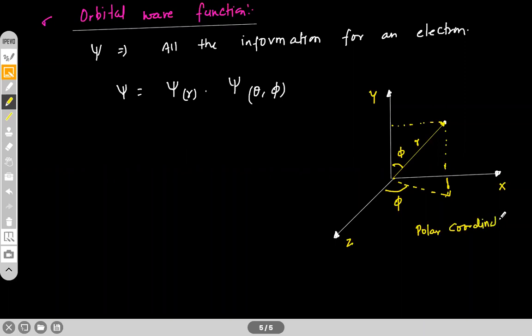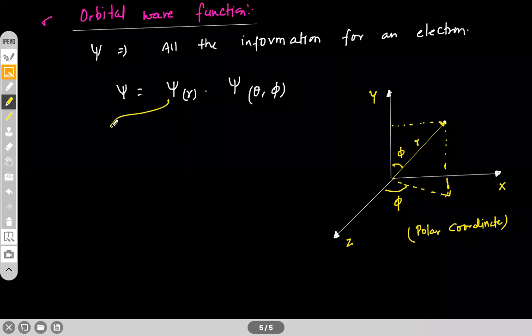However, you don't have to do anything with this because you won't get questions on all these things. Just remember it has two components, one is radial, the other one is angular. This radial component, it depends upon what you have to memorize here.